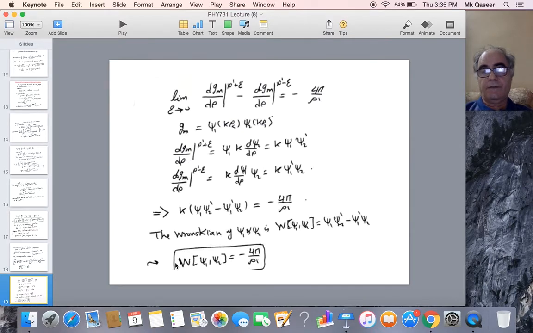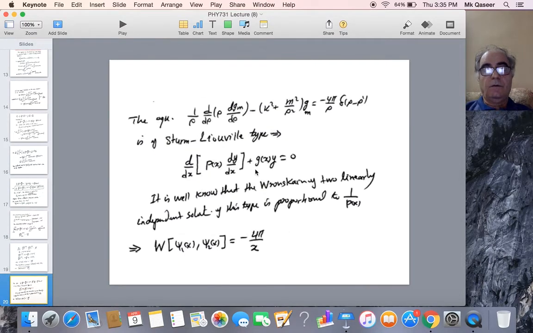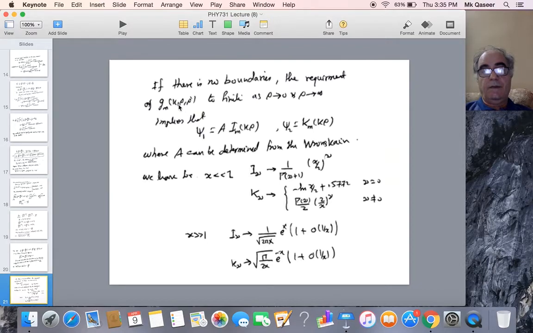There's k here, not written. So if we look again at this equation, it is a Sturm-Liouville type. So we know that the Wronskian of two linearly independent solutions of this type is proportional to 1 over p(x). So we get this.